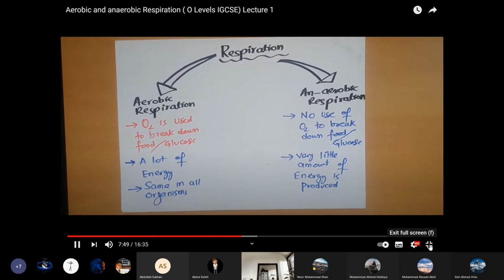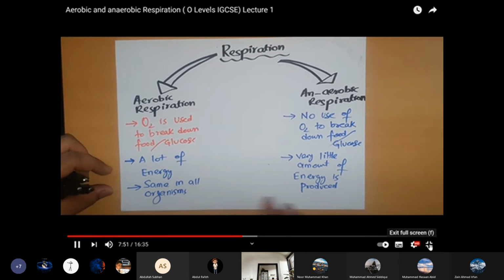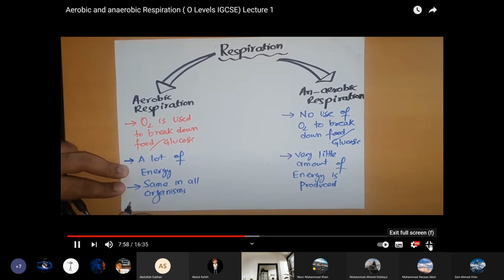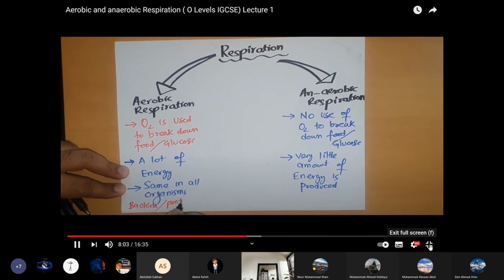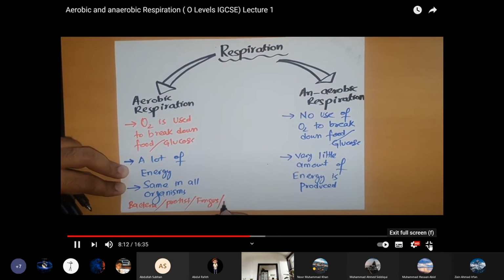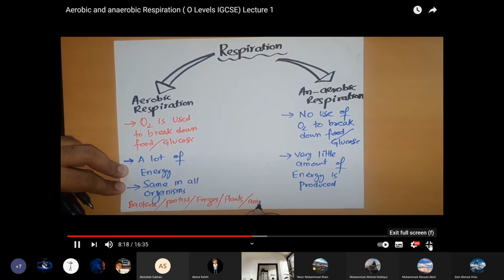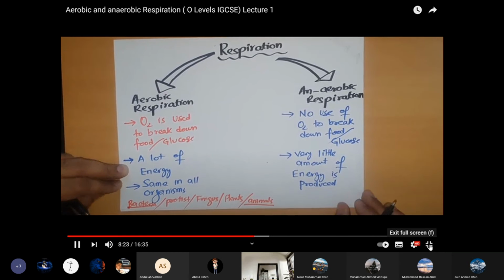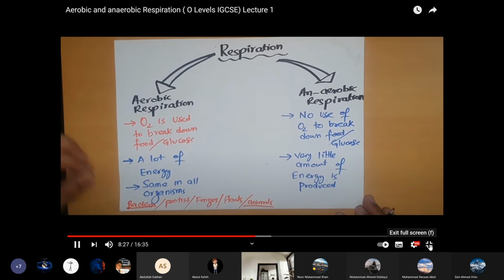When I'm saying that it is the same in all organisms, I'm talking about all the 5 kingdoms which you have learned about: bacteria, protists, fungi, plants, and animals. So we start from the simplest and go to the most complex organisms. The aerobic respiration in all of them is exactly the same.